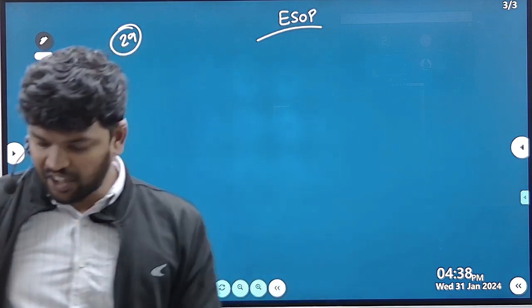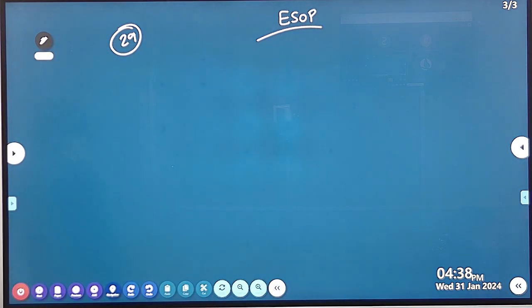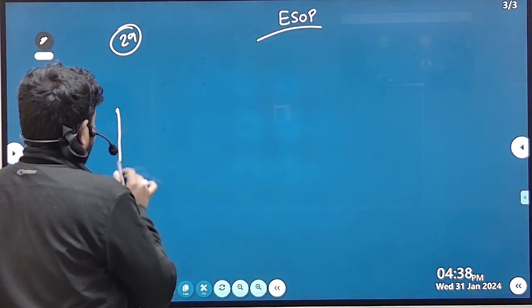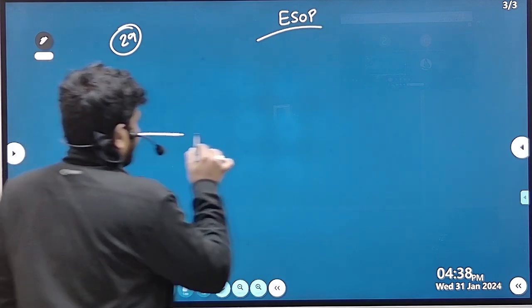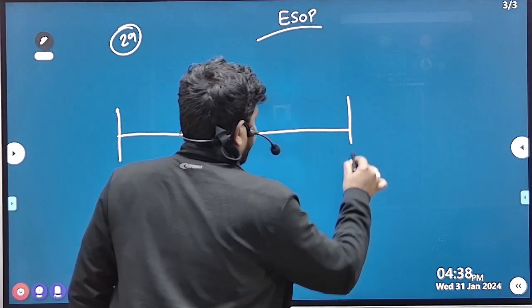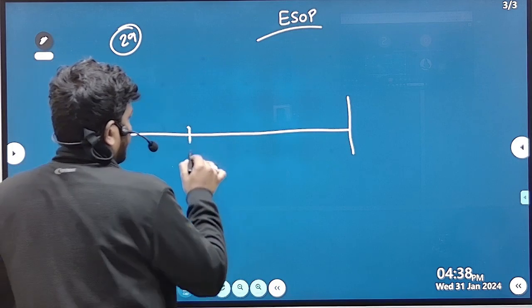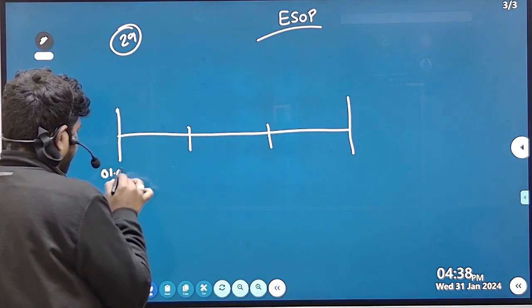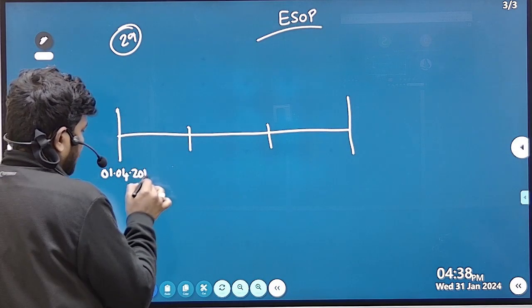Clear? Now read the sum. Kashyap, read the sum. Granted option when? 1st April 2019.